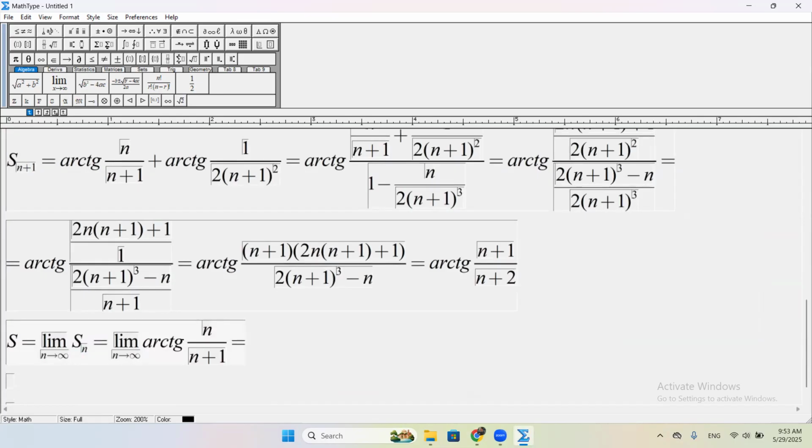So actually it will be arctangents of 1, and it equals pi over 4. And as we calculated the sum, it means that the series converges. Any questions about this exercise?